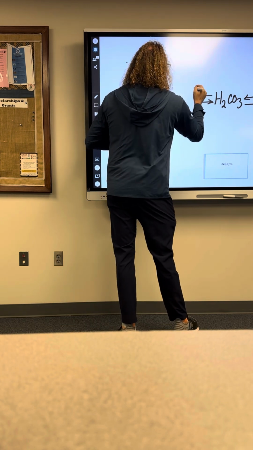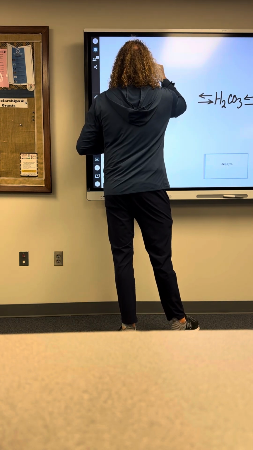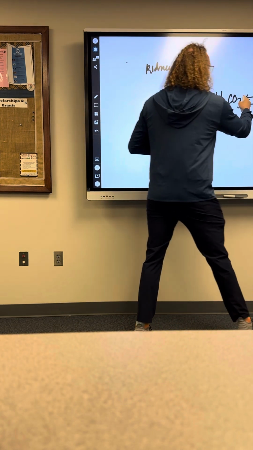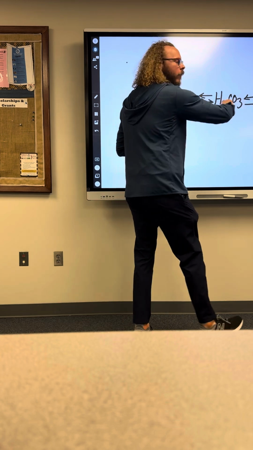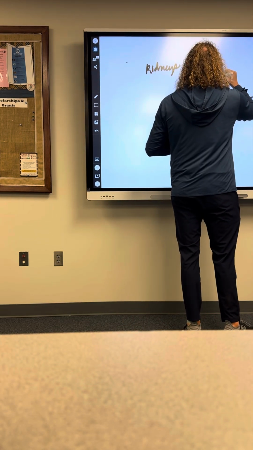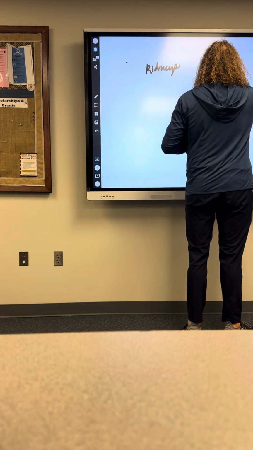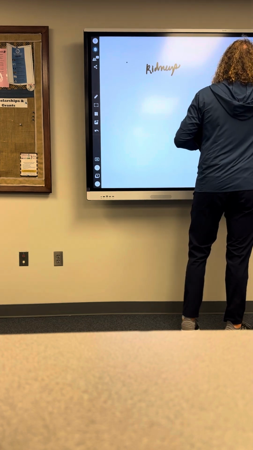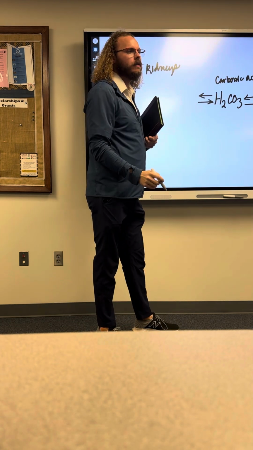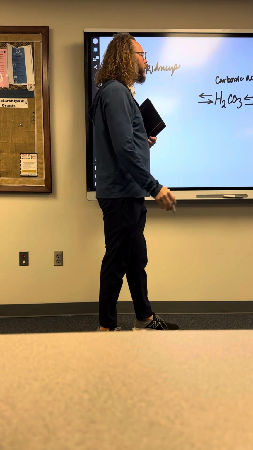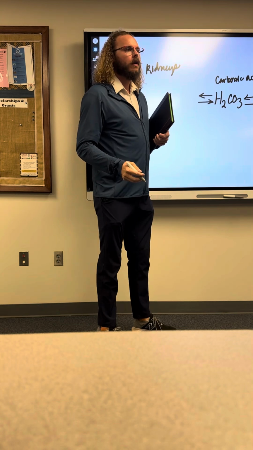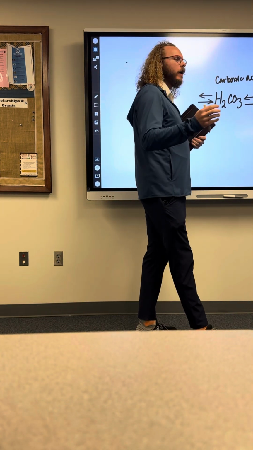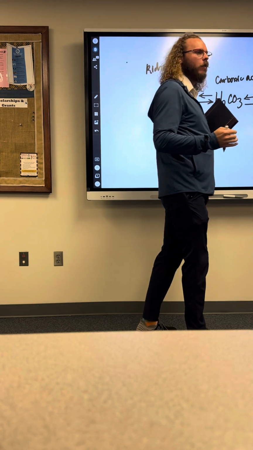On the other side, we're going to call this the kidneys. This represents that it's constantly going back and forth. And this is known as carbonic acid. Carbonic acid is a byproduct of digestion and from everything that we eat and drink, and our body has to buffer the acid out of our bodies.